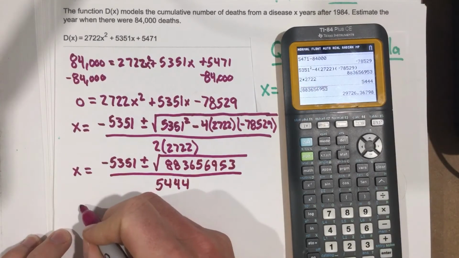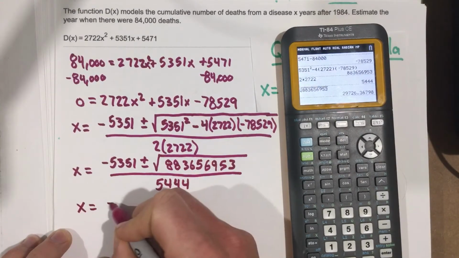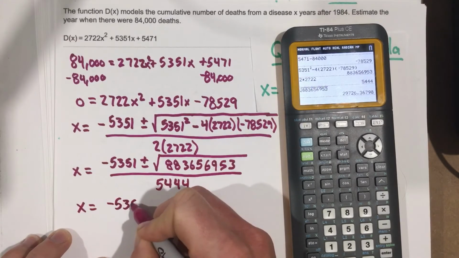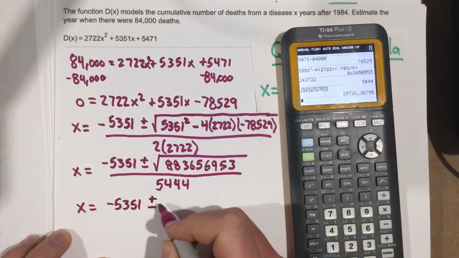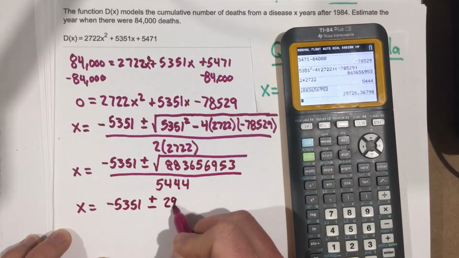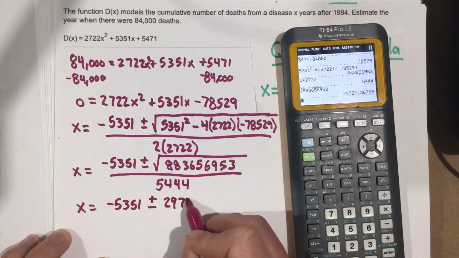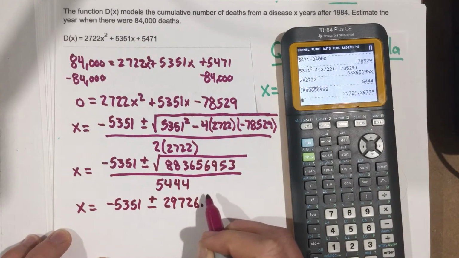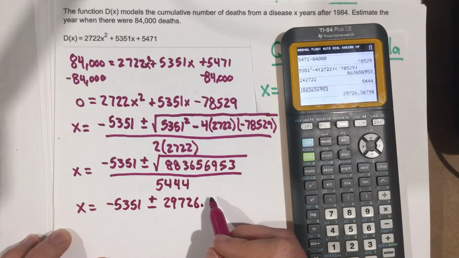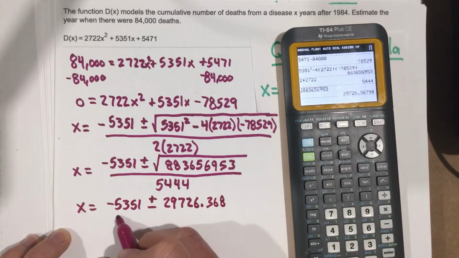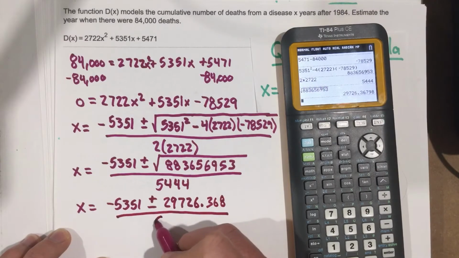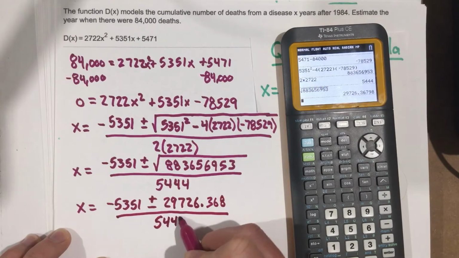So x equals negative 5351 plus or minus 29,726.368 all over 5,444.